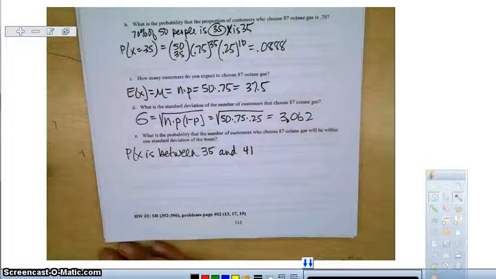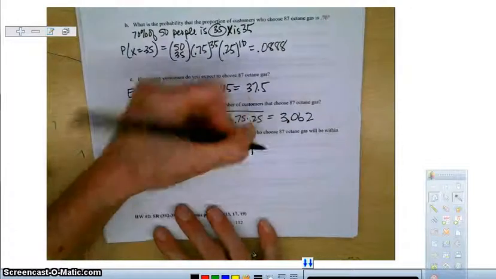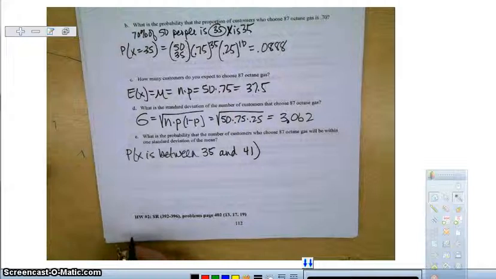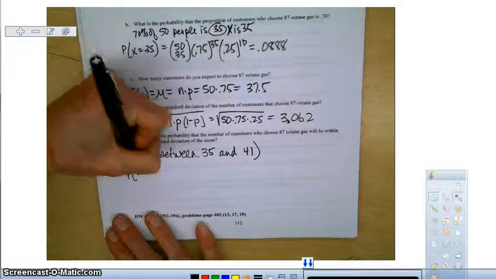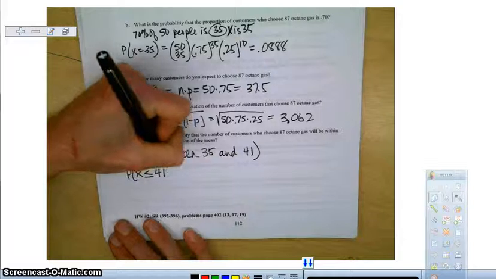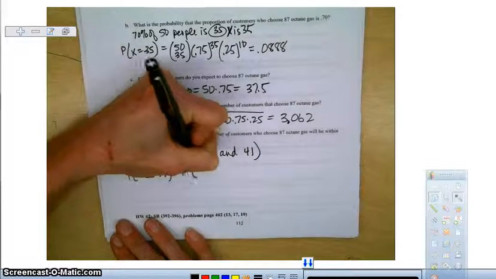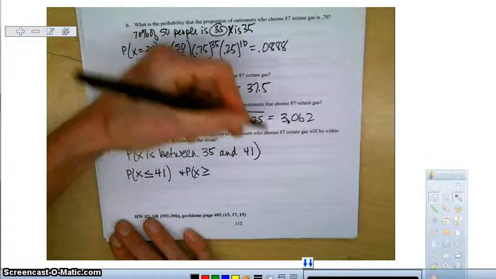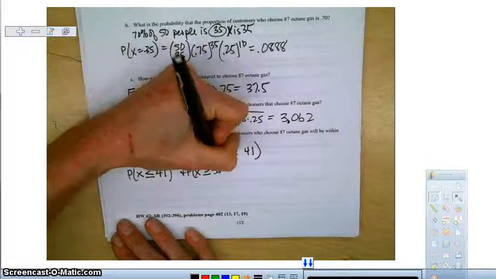So the probability that X is between 35 and 41, you can't have a half a person here, so we're just going to round. So we just basically want to calculate what is the probability that X is less than or equal to 41 people, and the probability that X is greater than or equal to 35 people.